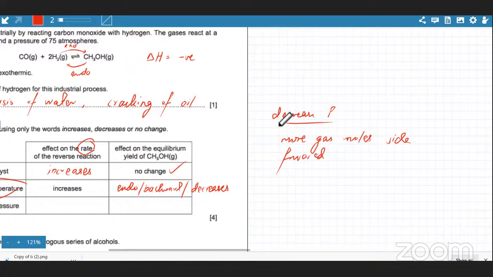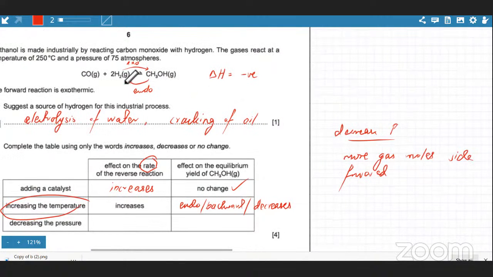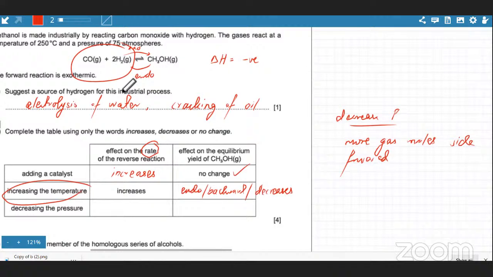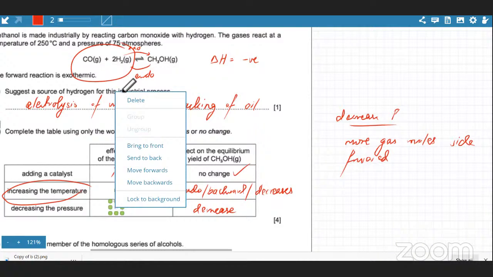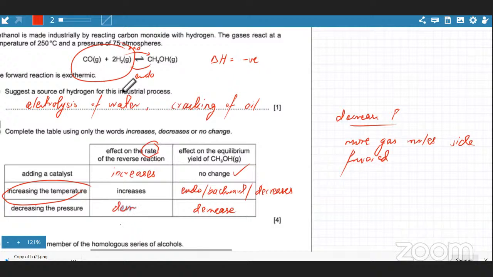Now, if the more gas mole side is favored, then again it's going to be the backward direction, because the forward reaction produces less gas, the backward reaction produces more gas. Decreasing pressure, let me talk about equilibrium first. So it's going to decrease again. And why is it decreasing? Because you're getting more backward reaction. What about rate? Decreasing pressure increases volume. So particles are further apart, so less frequent collision, so the rate would be slower. So it's going to be lesser as well, decreases.